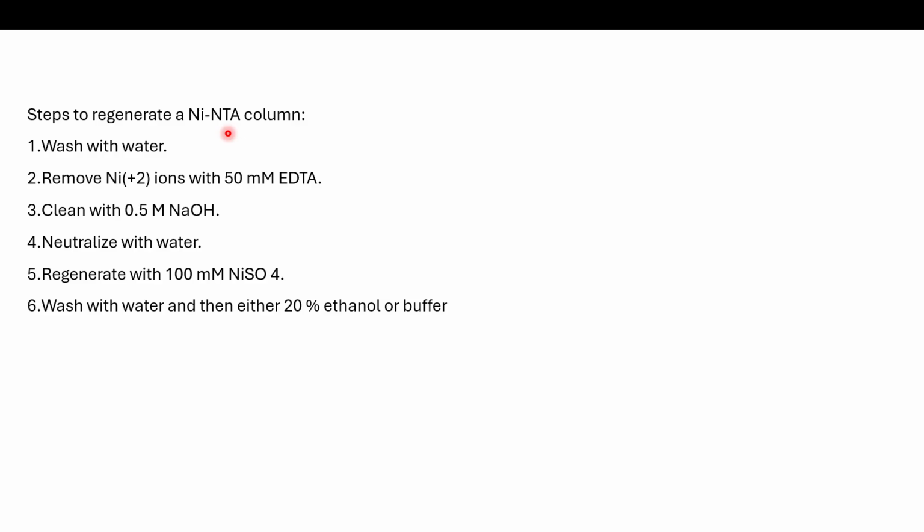And for regeneration to occur, you have to strip the matrix completely of the nickel ions using EDTA, because EDTA is a chelating agent. It will completely chelate out the Ni2+ ions. And then you clean it completely with a strong alkali, NaOH, and then again wash with water. And then you further recharge it or regenerate it using nickel sulfate, like you have an abundant amount of nickel ions here, and then you store it in ethanol or you can start purification using your buffer of interest.